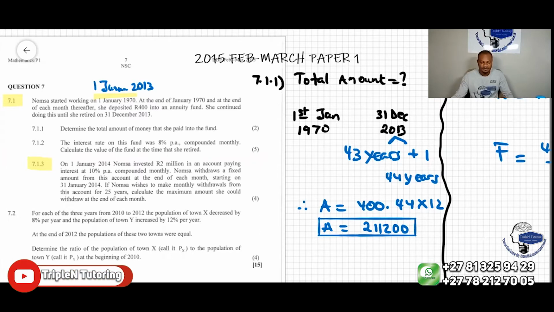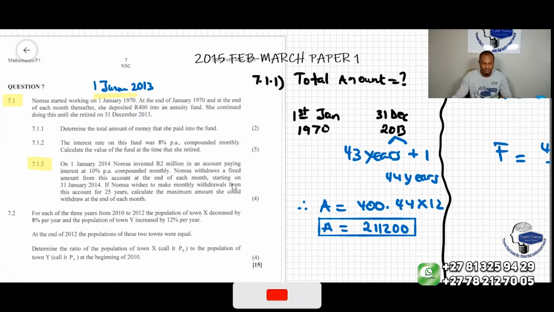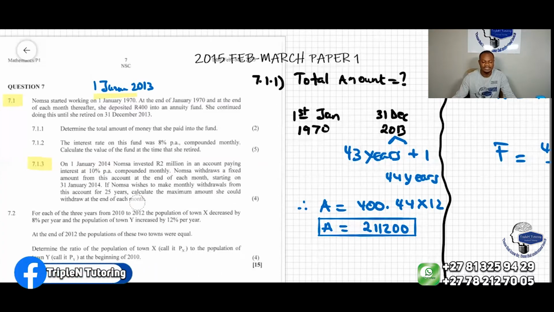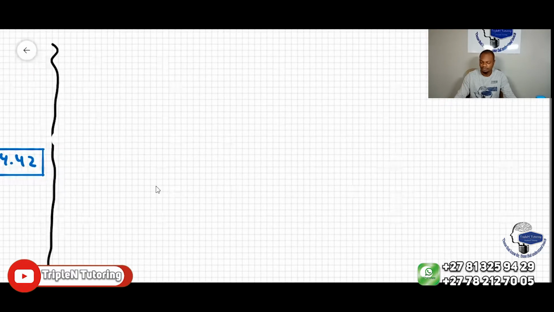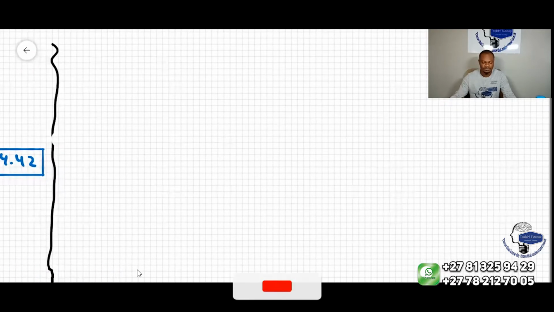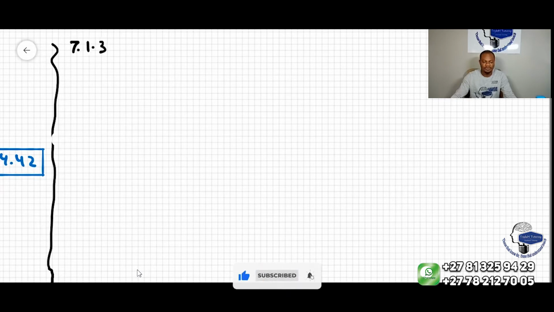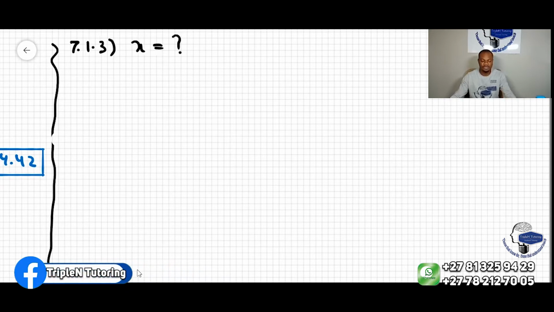All right. We are looking for the maximum amount she could withdraw each month. So now, if you use the present value formula, which is given right here, for 7.1.3 we're looking for X, the money that she can withdraw each month.